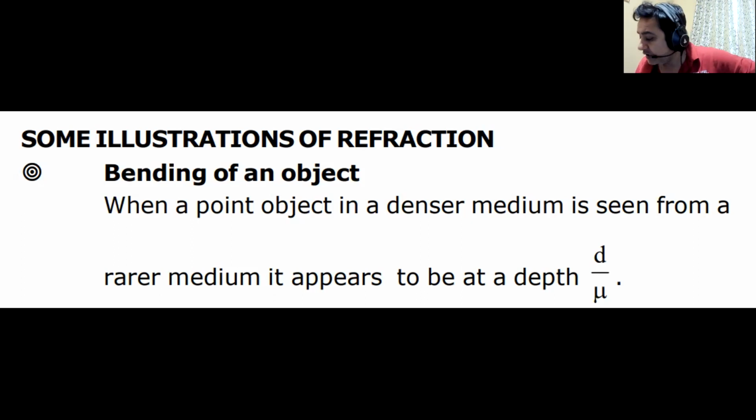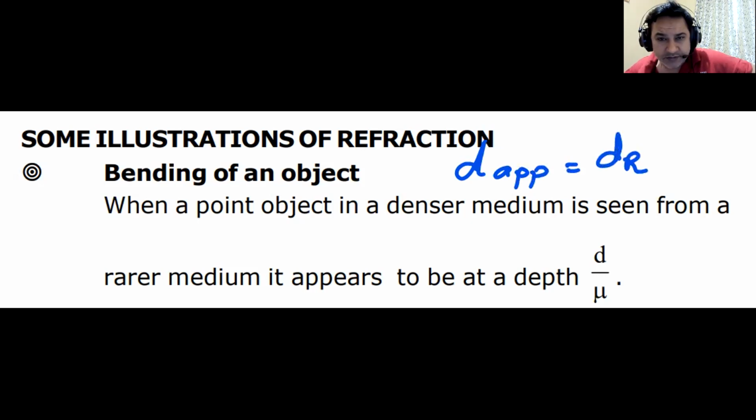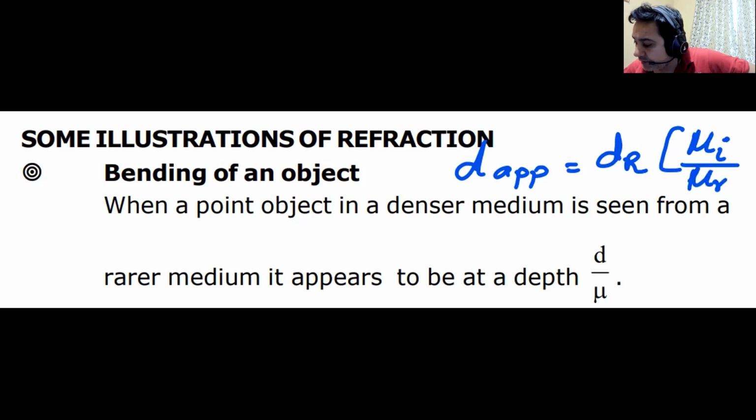Yes, sir. So how much will it appear bent, or what will be the apparent depth? Remember, I have given you the formula. D apparent is equal to D real into refractive index of the incident ray medium divided by refractive index of the refracted medium.